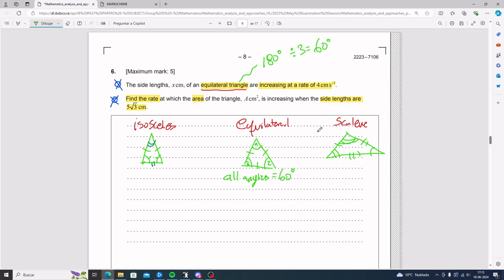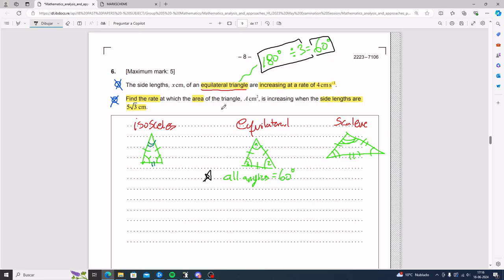For today, for this exercise, we're focusing on the equilateral triangle, and the key information here is that all angles equal 60 degrees because all angles are the same. So you do 180 divided by 3, you get that 60. On the other hand, we now need to focus on finding the rate at which the area of the triangle is increasing.